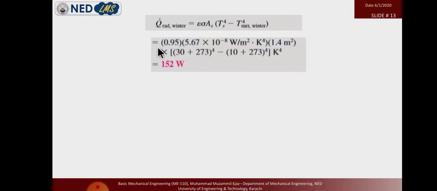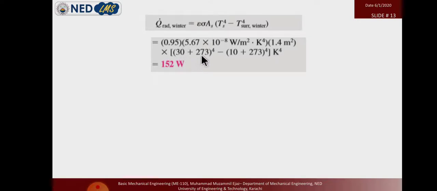The emissivity value of the person is 0.95, this is the Stefan-Boltzmann constant, the area of the person is 1.4 meter square. You can see the person's body temperature is not 30 in practice. You can check your own temperature, it is around 37, but in the numerical they kept 30. I think they just took the temperature of the clothes.